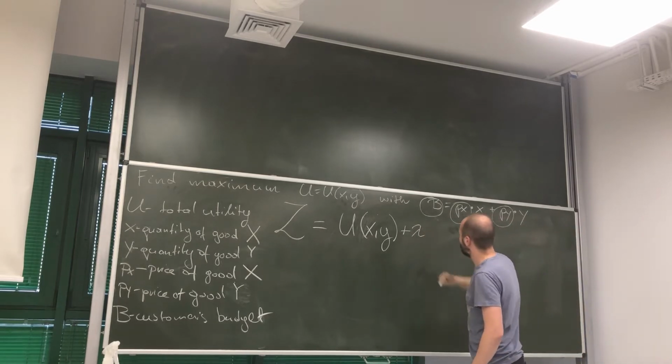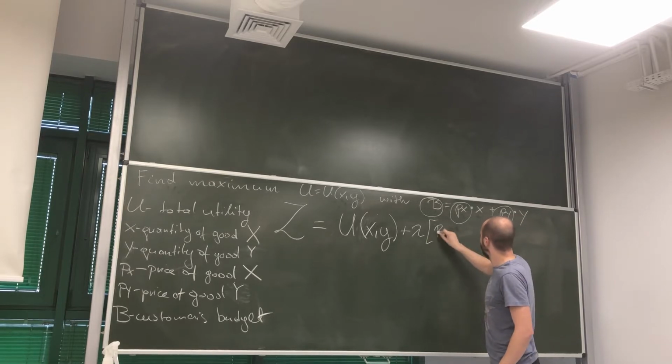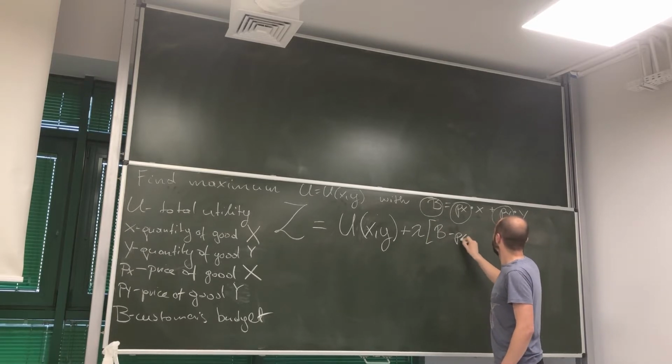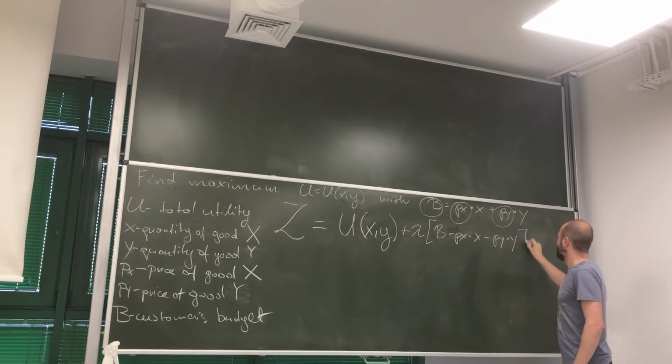So here we have the Lagrange multiplier lambda times (B minus Px times X minus Py times Y).